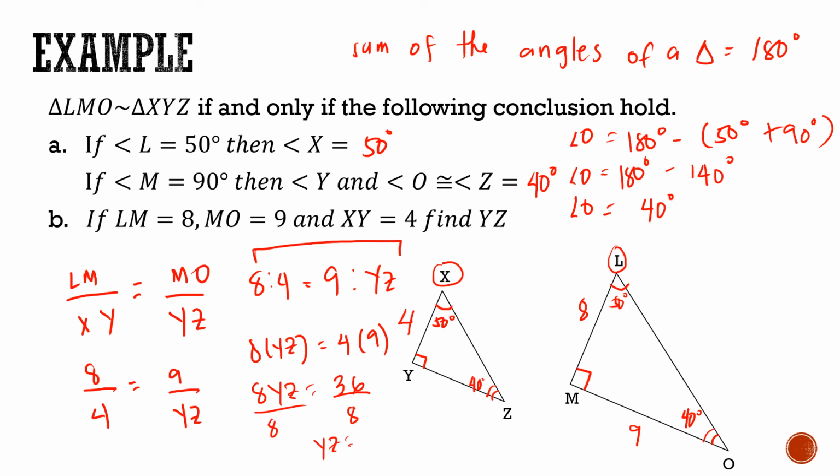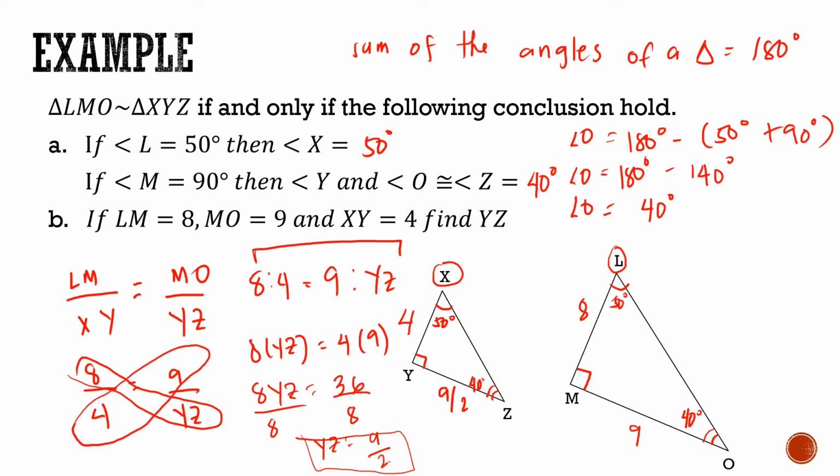So the lowest term of 36 over 8 is 36 divided by 4, that is 9, over 8 divided by 4 is 2. Therefore, YZ is equal to 9 over 2. You can actually use cross multiplication and get the same answer, which is 9 halves.